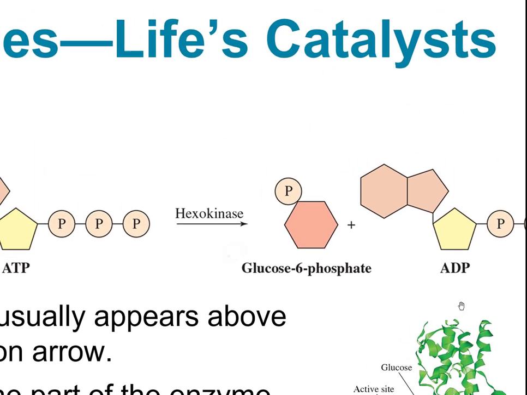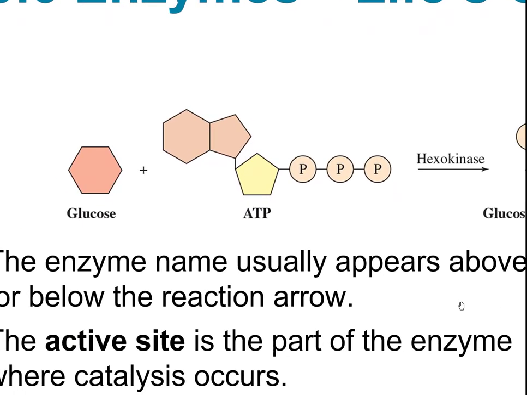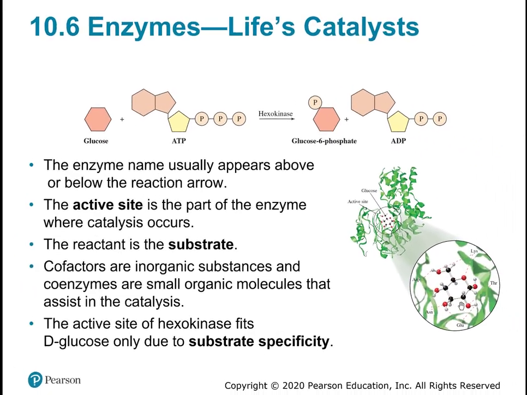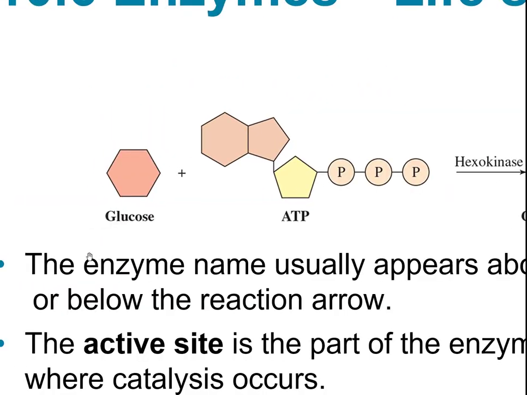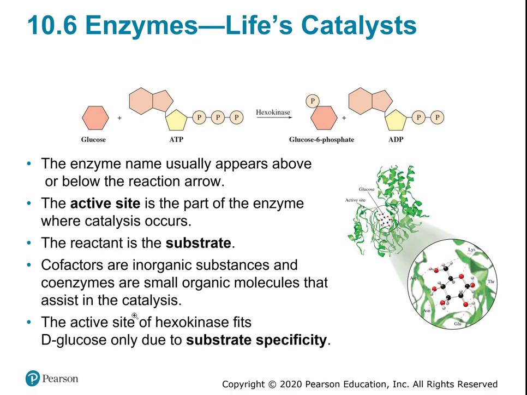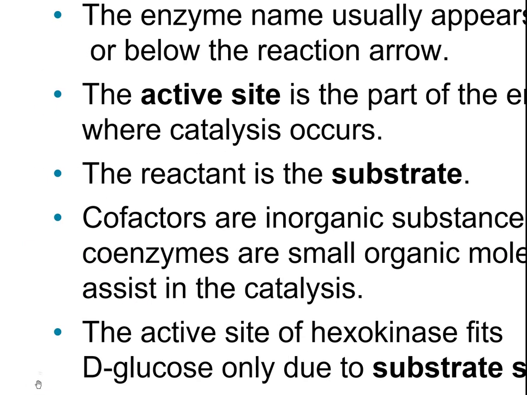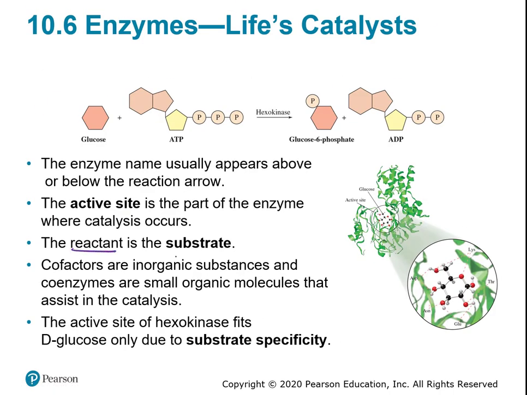So the reaction up here, where glucose combines with ATP, would happen anyway, but the enzyme hexokinase speeds it up so that the reaction takes place really fast by lowering the activation energy. So things to remember: the reactant is the substrate, they mean the same thing.